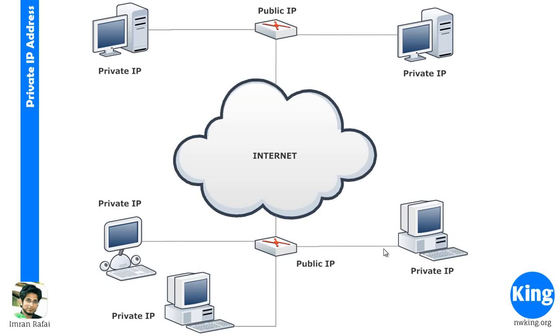So in today's situation, the internet assigns public IP addresses to your routers. You have routers which are public facing, or internet facing, and they will get a public IP. Computers in your local LAN will all be assigned a private IP by your router, the device that is facing the network. So that's how the internet works in today's scenario.